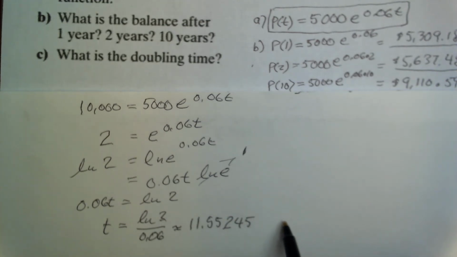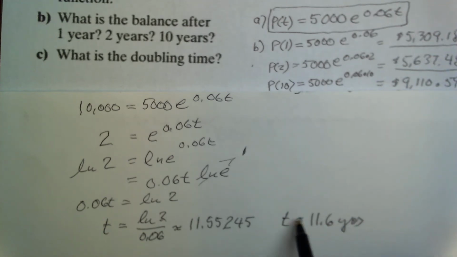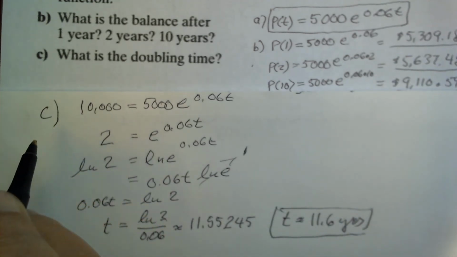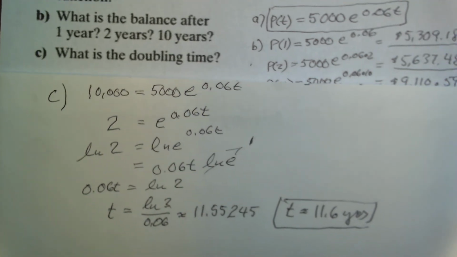So we can say the time to double is approximately 11.6 years. So that's for the C part. The doubling time is about 11.6 years.